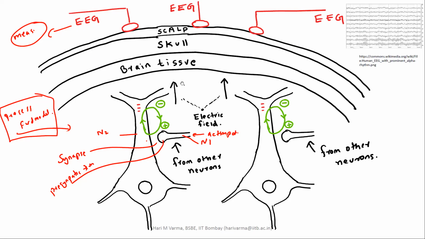So you have to add them all, and that gives some effective electric field in the scalp. If you put an electrode there, because of this electric field, the electrode will have different charge carriers passing through it, which can be sensed as electrical signals from the brain.